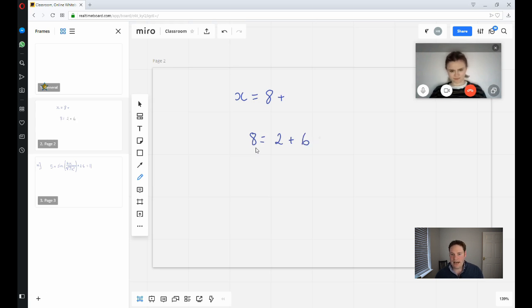Now, if we say add 3 onto this side, they're not the same anymore. No. So we would have to add 3 onto the other side. And we can do anything we want to one side, as long as we do it to the other side. So we could divide by 2. Okay.